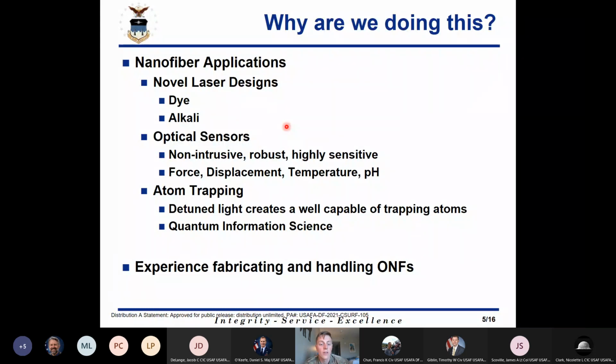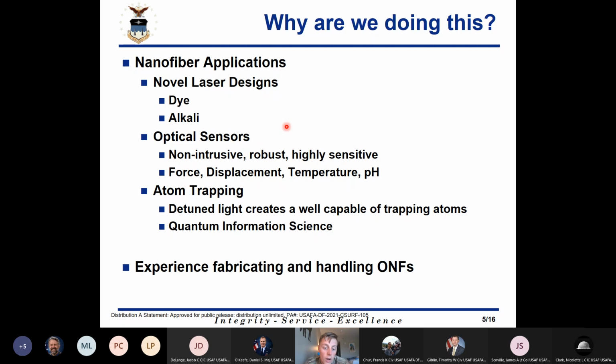They can be used to create optical sensors, robust and highly sensitive, and you can use them to sense a variety of different things, including force, displacement, temperature, and even pH. And then finally, there's atom trapping. If you launch red and blue detuned light into an optical nanofiber, the evanescent wave from each of these different lights creates an attractive and repulsive effect, which can actually be used to trap atoms.